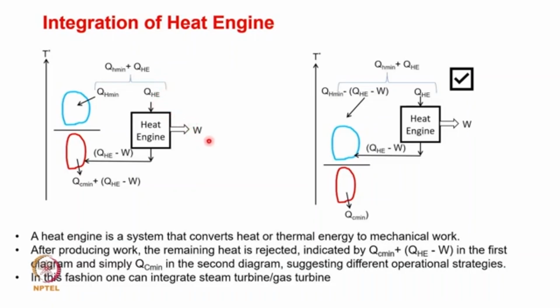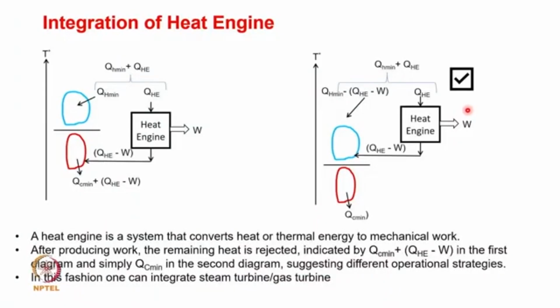Of course, it produces useful work here, which may be used for anything else, maybe for power generation and so on. The remaining heat would be rejected back to the streams below pinch. So this is definitely not recommended, because you see that heat is being supplied below pinch, which essentially means that we are trying to heat the cold stream, and that would actually hamper the heat recovery from the hot stream in a natural fashion.